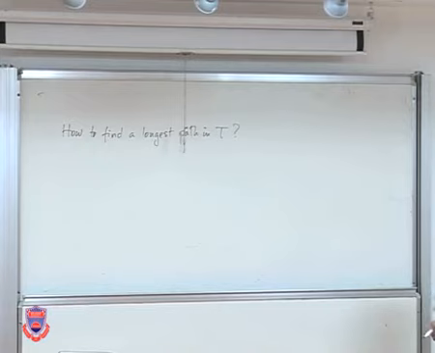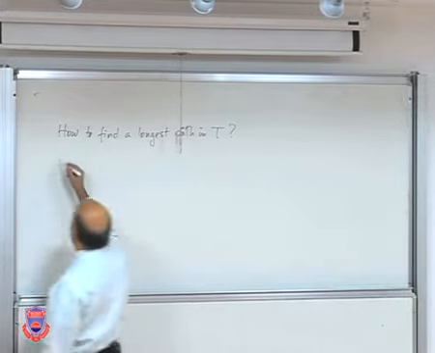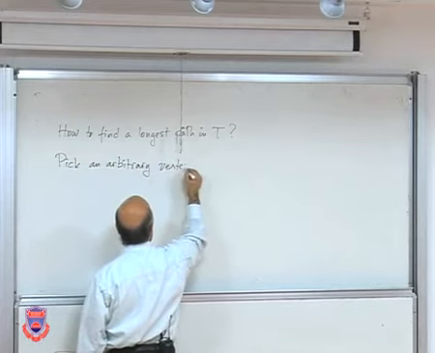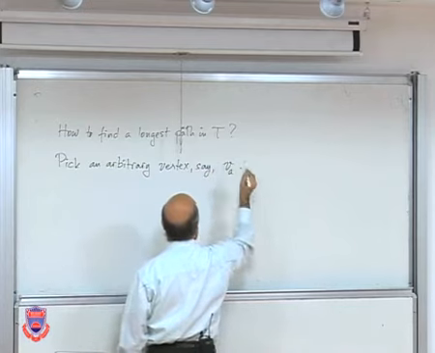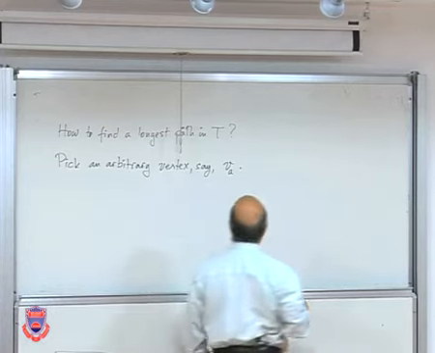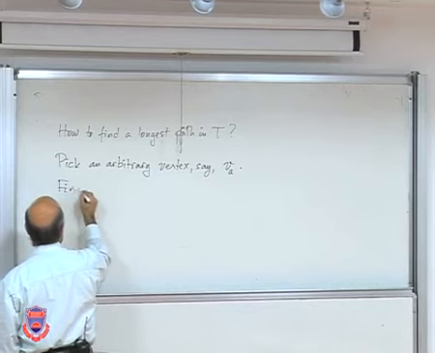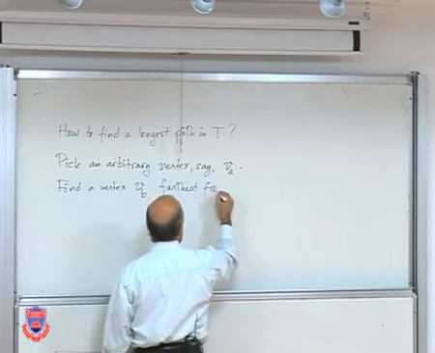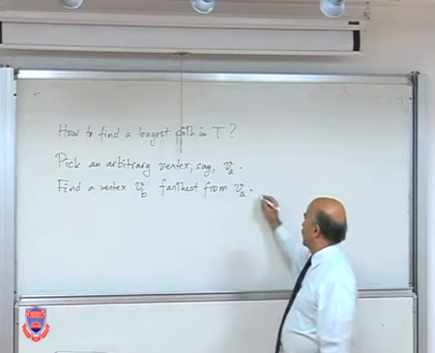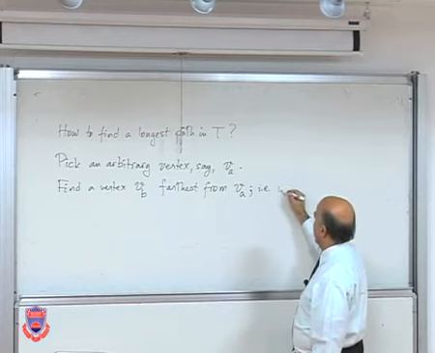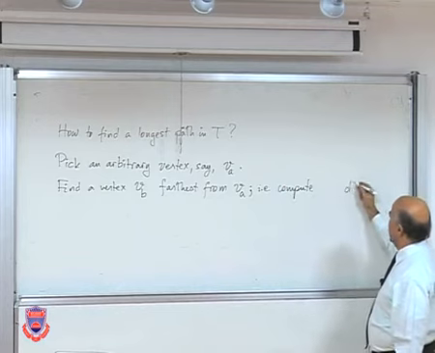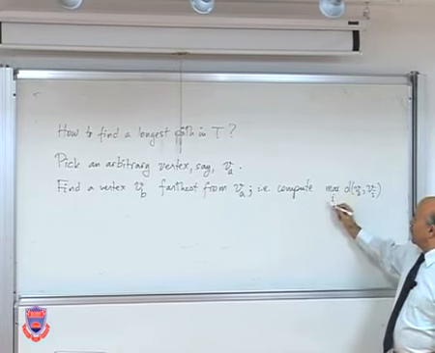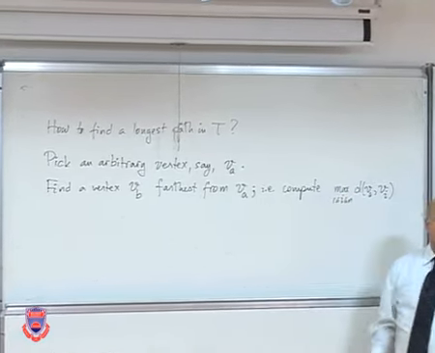Otherwise, what you can do is pick an arbitrary vertex, say VA, and find a vertex VB farthest from VA, meaning that you simply compute the distance from VA to VI for every I, and maximize over I. The output happens to be some vertex which you call VB.